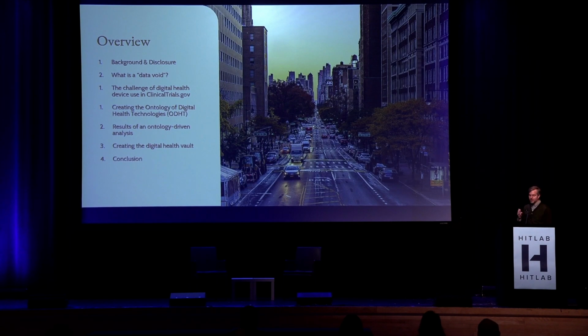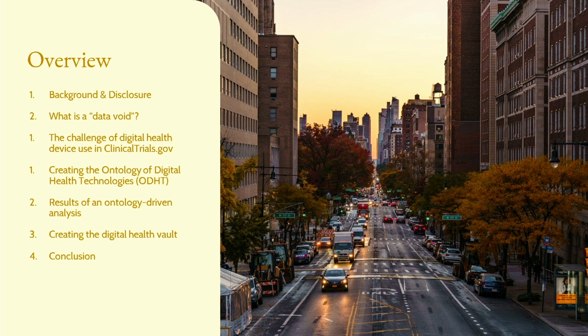But, overview, what I'm going to talk about. So start with a little bit of background and disclosure. Then I'll talk about what is a data void? That looms large in the title of my talk. I'll say a little bit about what that is. That's really where I focus, both as an academic and now the stuff that I focus on at Prism.